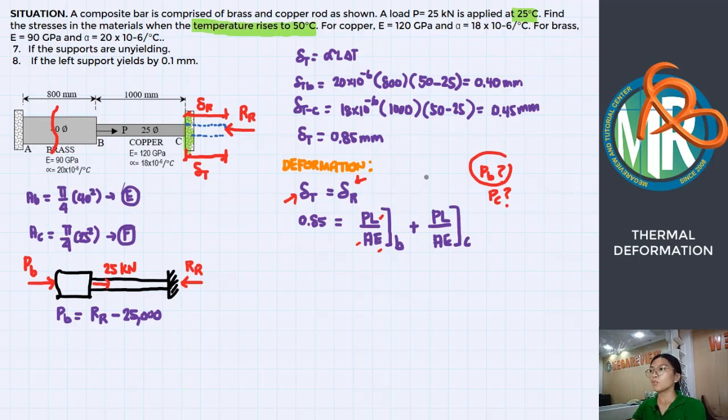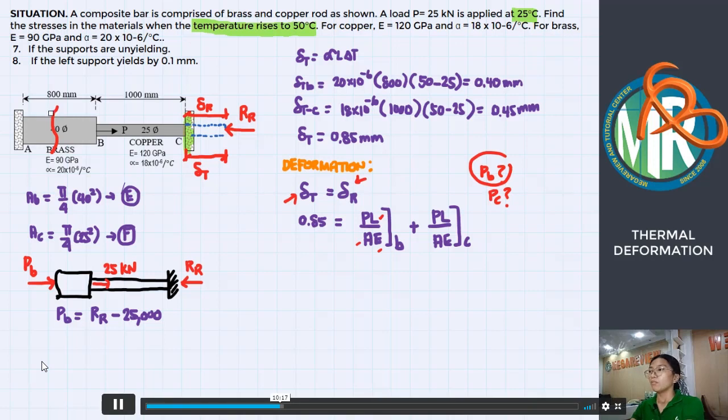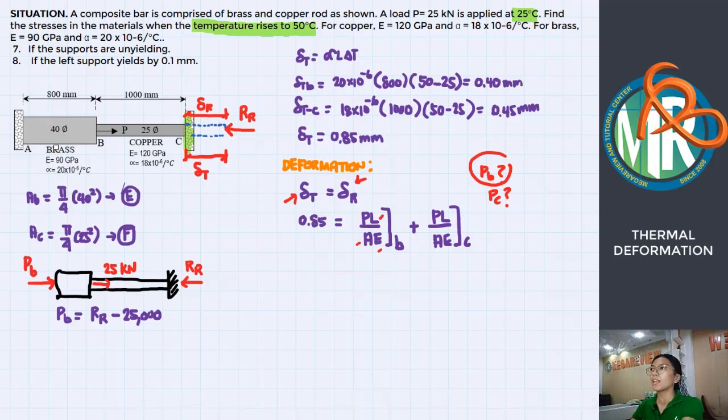Kunin naman natin yung force kay copper. So, if gusto nating tingnan yung reaction ng copper, i-cut natin dun sa copper banda din. Consider ulit natin yung right cut member. We have this cut part. We have again our right reaction, and then yung copper natin is compressive ulit. Tama? Kasi compressive yung deformation na in-assume natin dito.